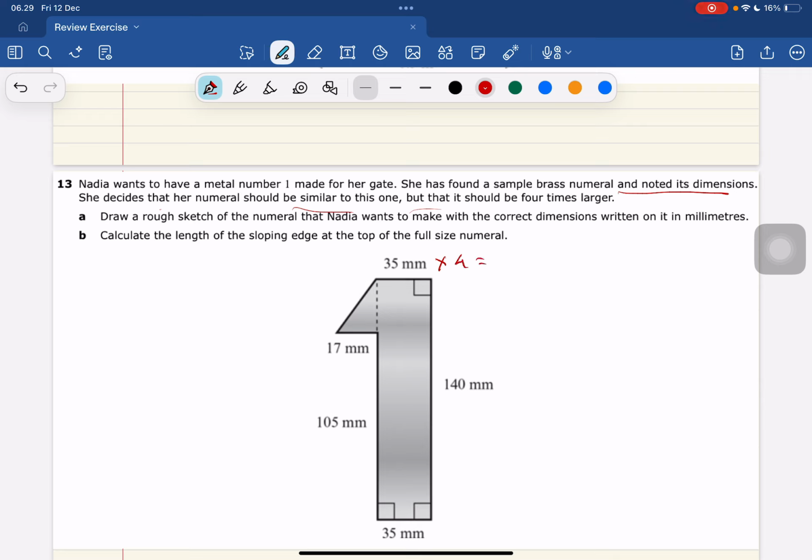This side is 140. Here also we multiply by 4, so this is 560 millimeters. Then 140 millimeters, 420 millimeters, and 68 millimeters.